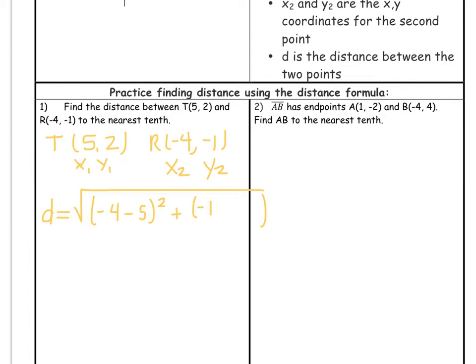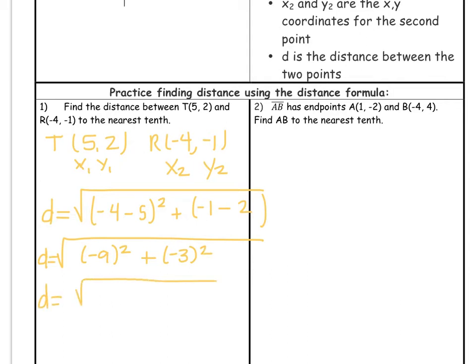So y2 is negative 1, and y1 is 2. And when we simplify what's in those parentheses, negative 4 minus 5 is negative 9, and we have to square it. Negative 1 minus 2 is negative 3, and we have to square that.